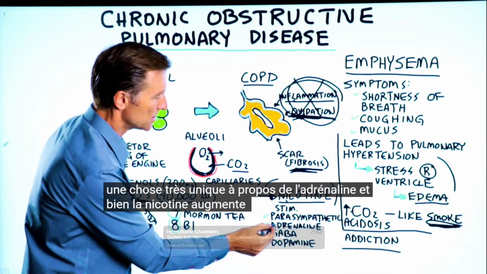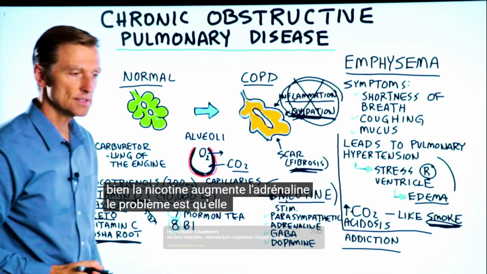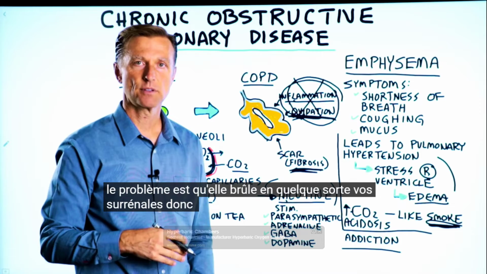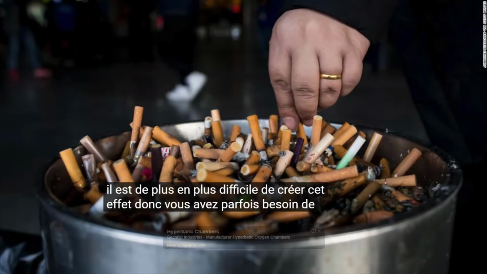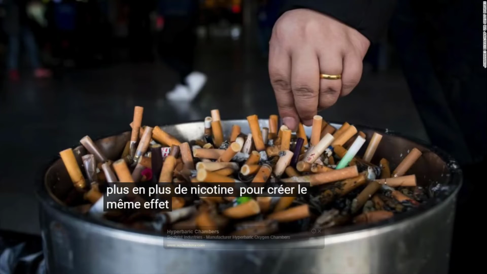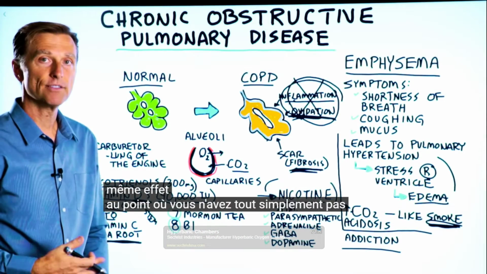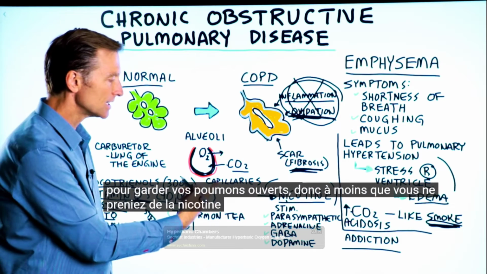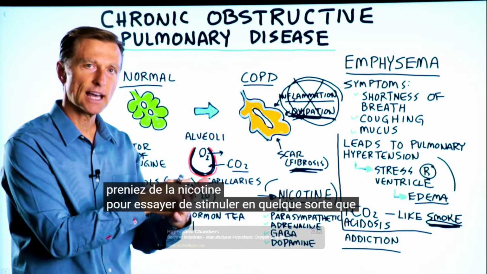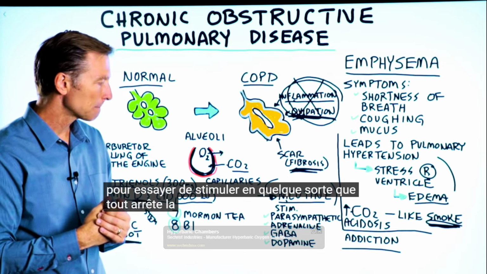Well, nicotine increases adrenaline. The problem is it kind of burns out your adrenals. So eventually, it's harder and harder to create that effect. So sometimes you need more and more nicotine to create that same effect, to the point where you just don't have enough adrenaline in your body to keep your lungs open. So unless you're taking nicotine to try to kind of stimulate that, everything kind of shuts down.